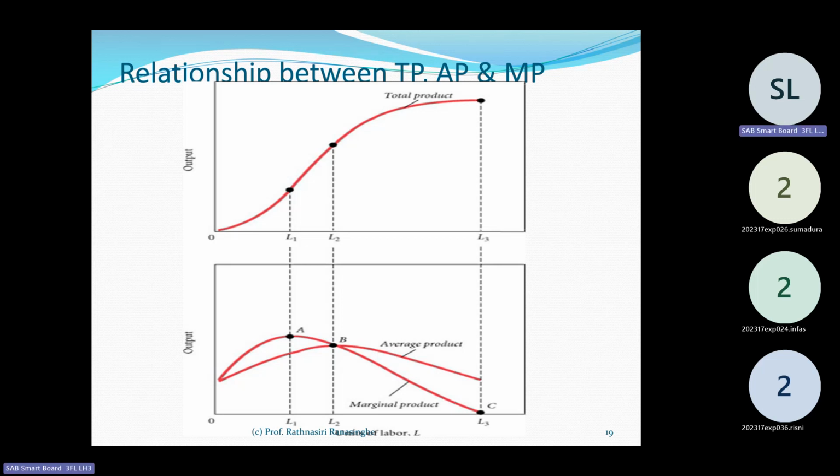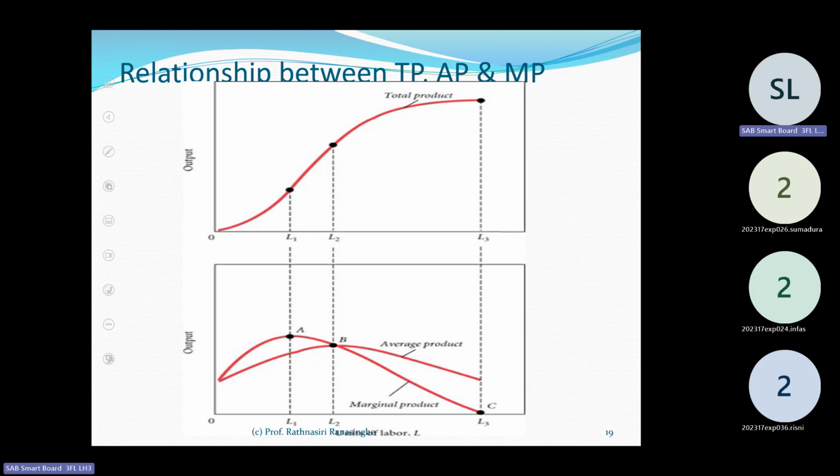At this point it becomes maximum. If you observe the slope of the tangent to the total product curve, initially it increases, and at this point it is the maximum marginal productivity.